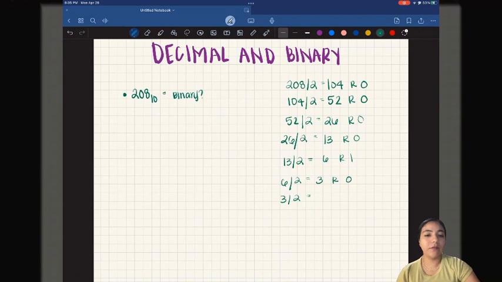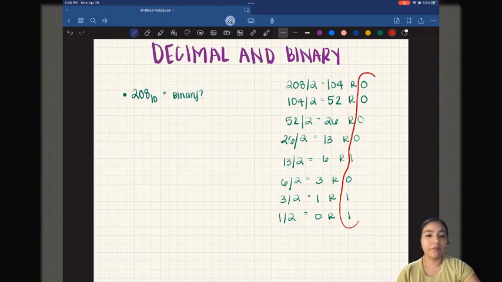So, skipping a few numbers, 3 divided by 2, giving us 1, remainder 1. And then our final one is 1 divided by 2, 0, remainder 1. Like I said, these remainder values are going to be the values we use for our binary numbers.